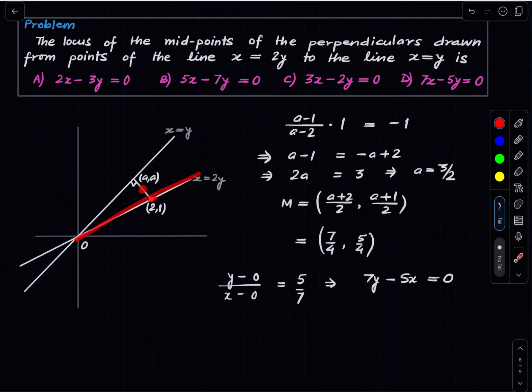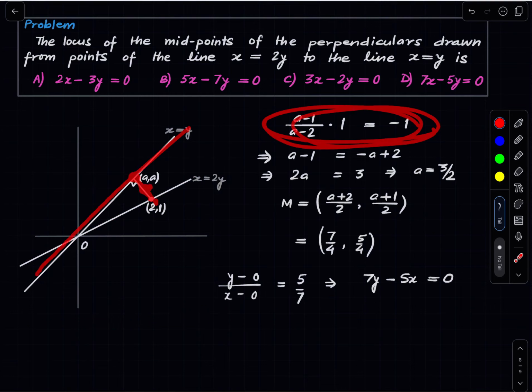So if I just pick one point on this line and find the midpoint, I will be able to locate this line. And I just chose this point arbitrarily. We found this foot of the perpendicular via this trick, that the product of slopes is -1. And once we find the coordinate of this point, we can find the coordinate of the midpoint, and then we can write the equation of this line. That's all.